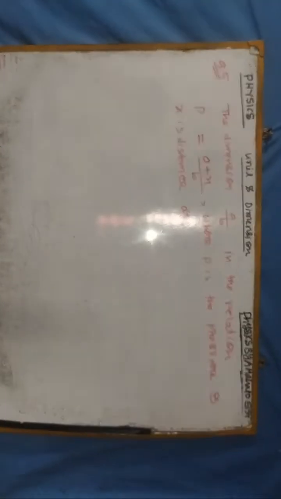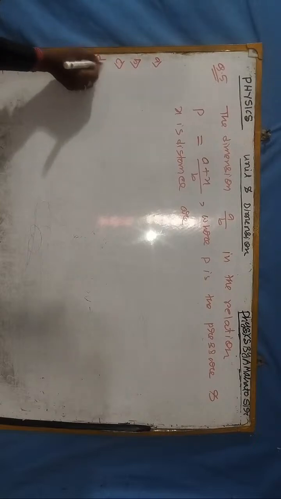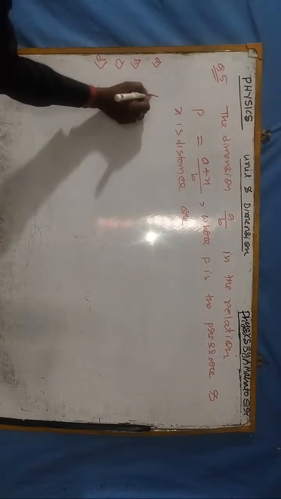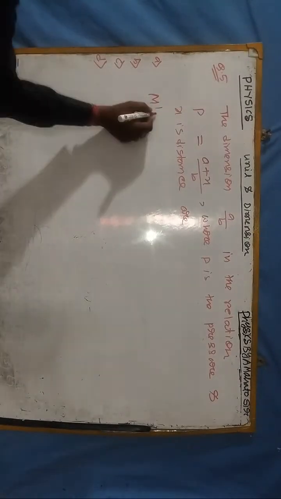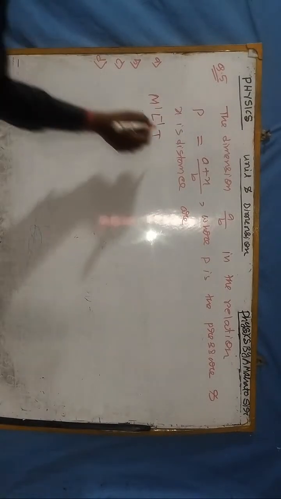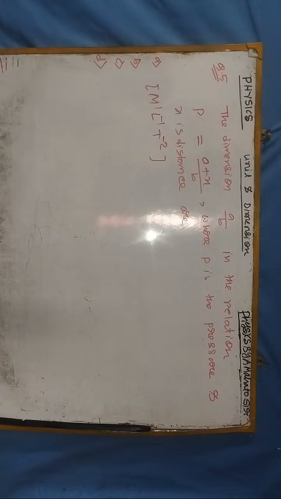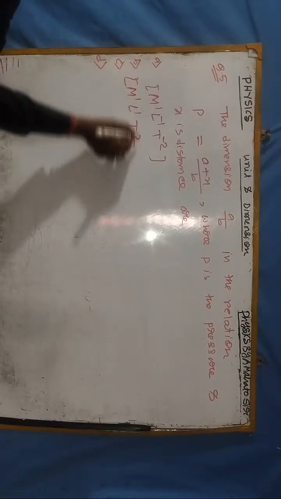Here the options. The first option is M1 L to the power minus 1 T to the power minus 2. The second option is M1 L1 T power 2.